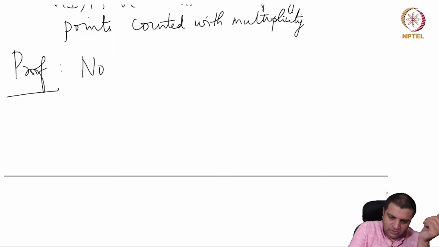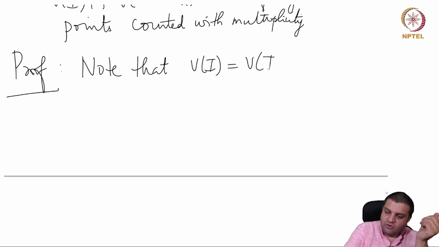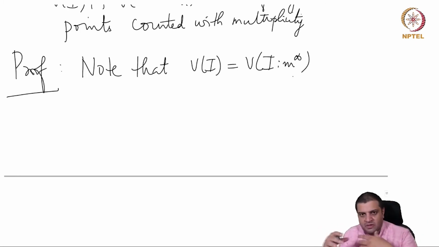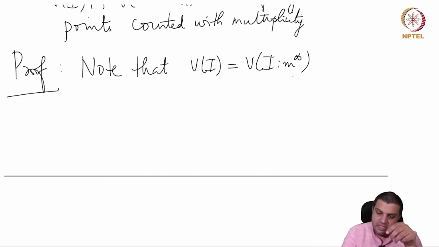So we'll do the same thing. Note that V of I is the same thing as V of I colon M infinity, meaning we saturated out the component of M. This is the observation that any homogeneous prime ideal which contains I, where I is a subset of this thing: if a prime ideal contains this, and the maximal ideal multiplies something to 0, then the maximal ideal multiplies it into the prime ideal.